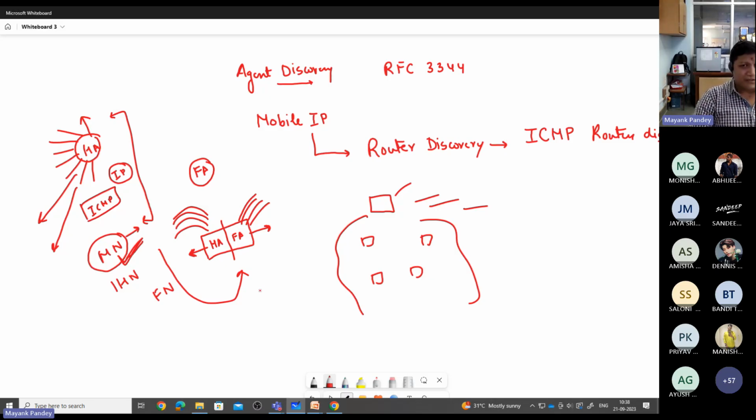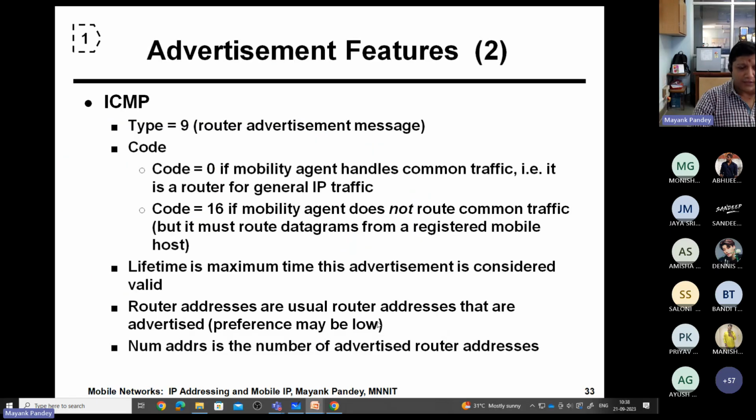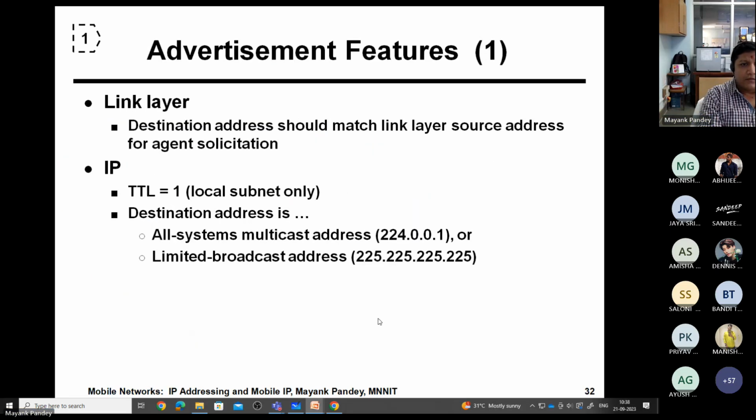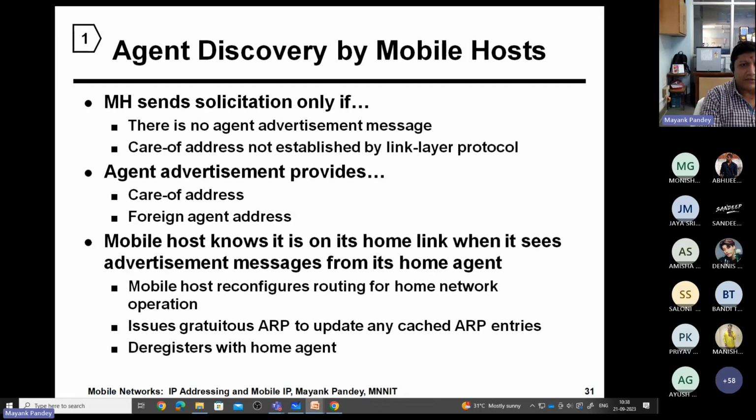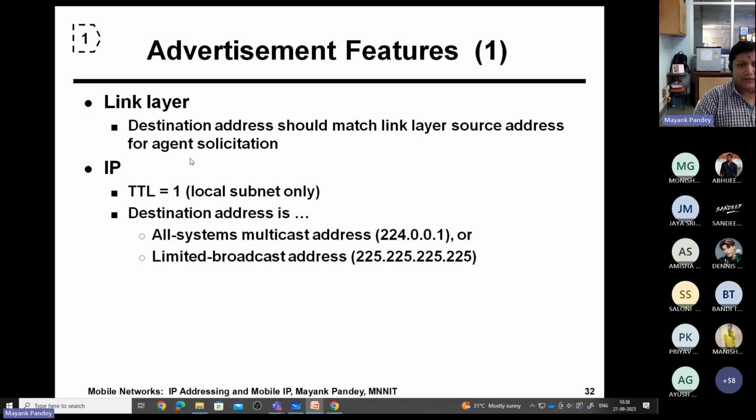So the first process which is getting done is that both home agent and foreign agent keep on doing this periodic broadcast. How do they do this? How do they send the advertisement? They send the advertisement by setting TTL equal to 1 because this is for the local subnet only.